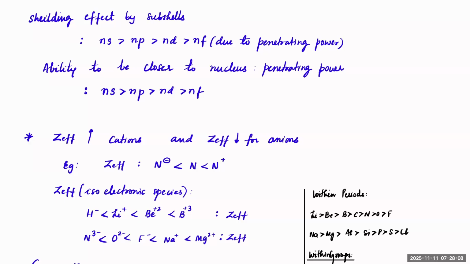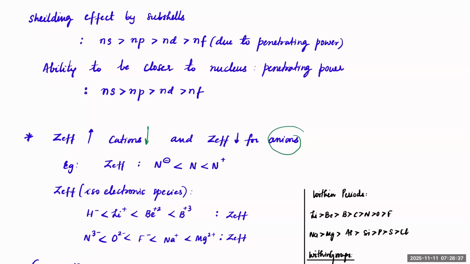Next, as the Z effective increases, the cationic size will decrease. If Z effective decreases, what happens to the anion, beta?